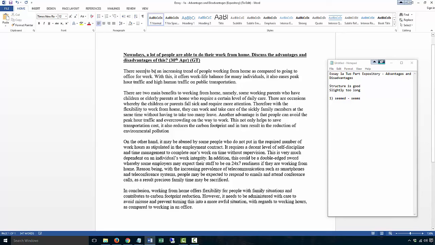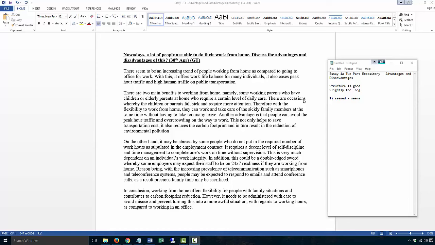Okay, with the "there" here, you're gonna put "there seems to be". The question is, why are you putting the "seemed" in a past simple tense? It should really be in the present simple. Just remember, most of the time your tenses are going to be in the present simple. There seems to be an increasing trend of people working from home as compared to going to office for work.